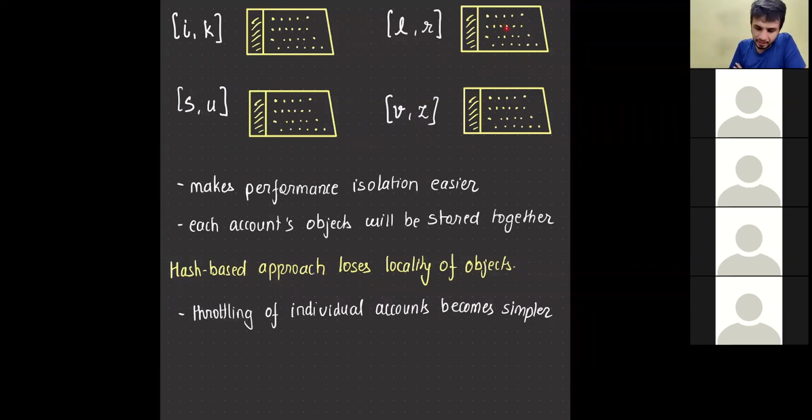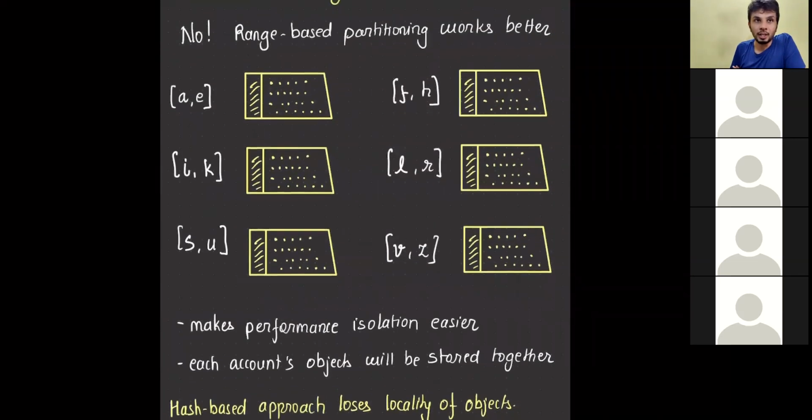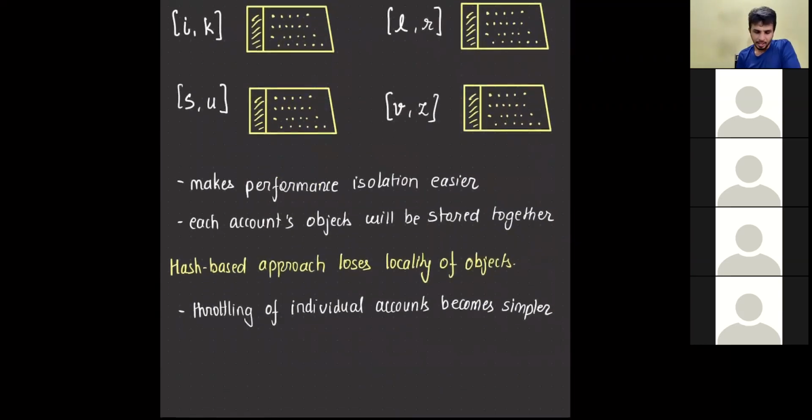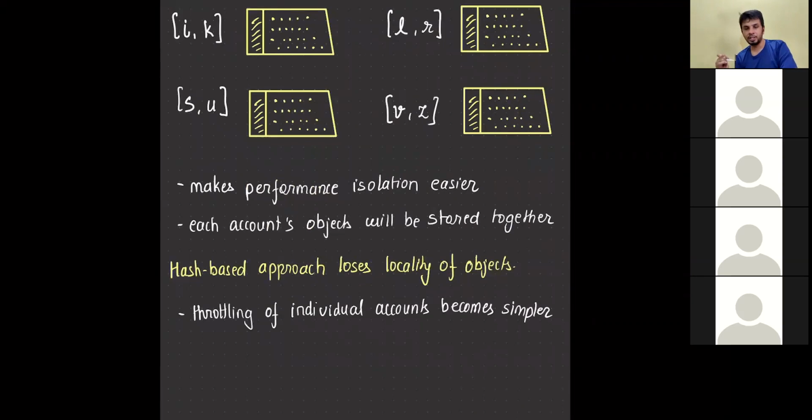It is only affecting this. My other hard disks are not getting affected at all. All the traffic that goes there, they are very well able to handle it, right? So performance isolation becomes easier. You can easily pinpoint, okay, this is the bottleneck, let's scale this up. So it makes performance isolation easier.